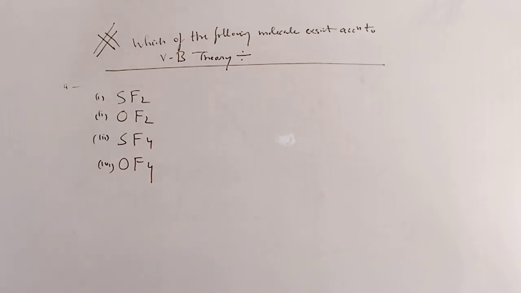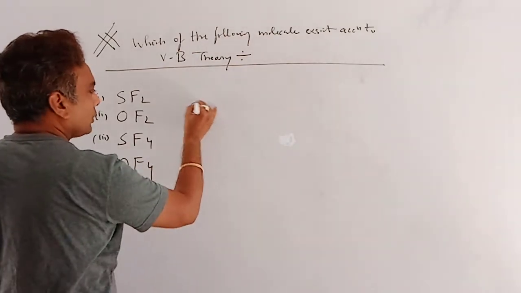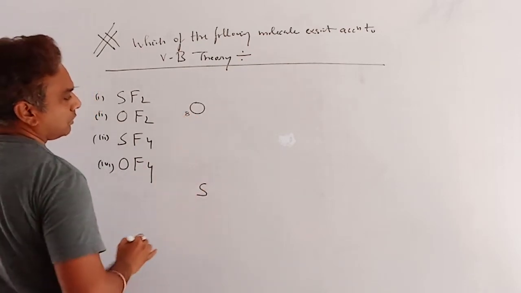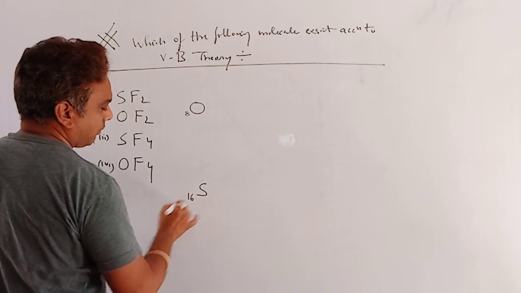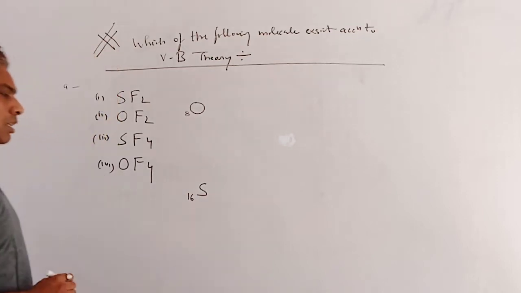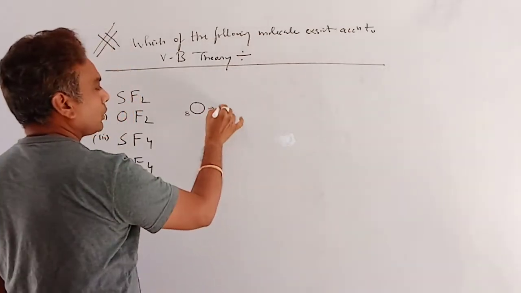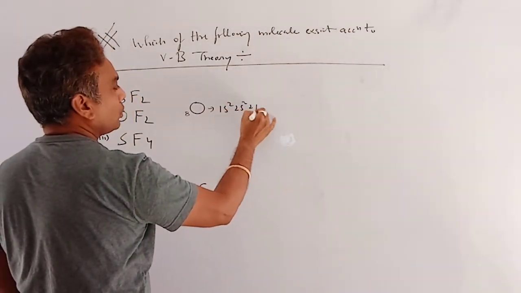For the existence of a molecule, firstly, the central atom is oxygen as well as sulfur. Both are in the same group. Here is O and here is S. The atomic number of oxygen is 8 and sulfur is 16. So the electronic configuration of oxygen is 1s2, 2s2, 2p4.